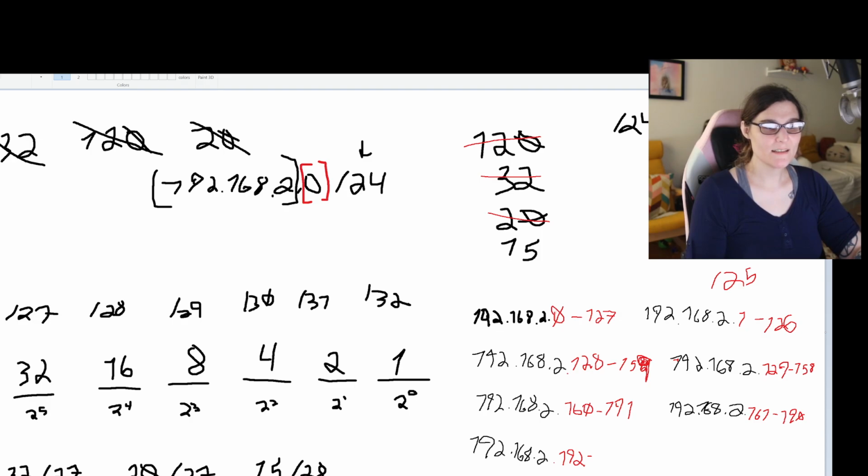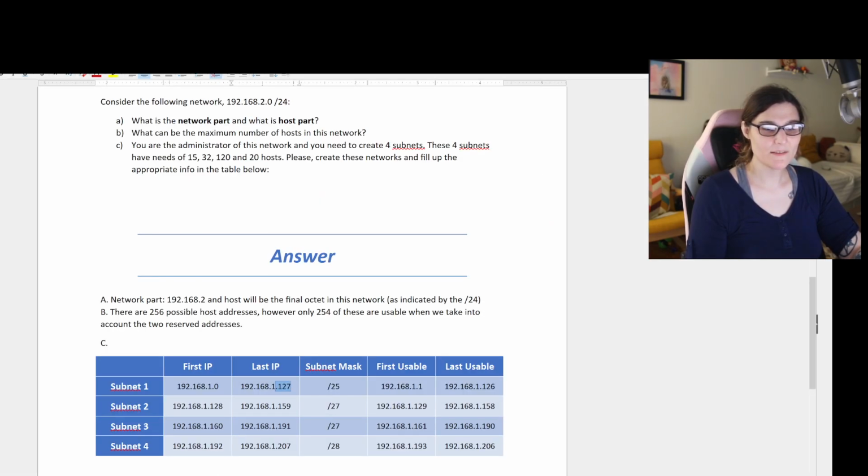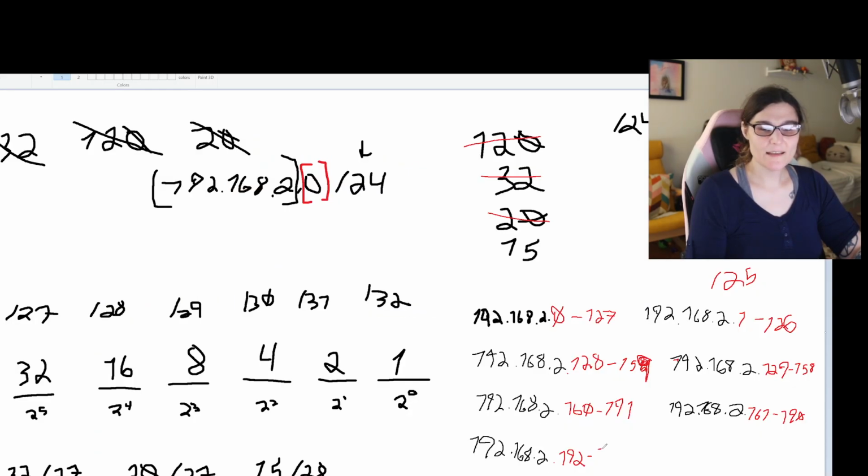So we're going to add 16. And then because it starts at a 0, we're going to subtract the 1 and get the 207 that we have here. So that is our range for that network. Now, what are our usable addresses for this network?